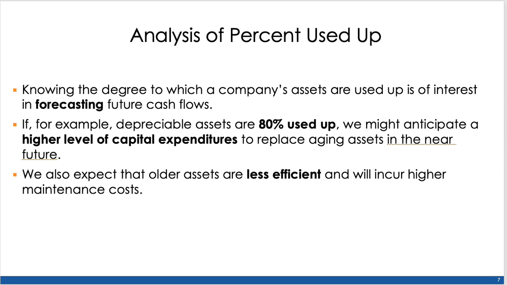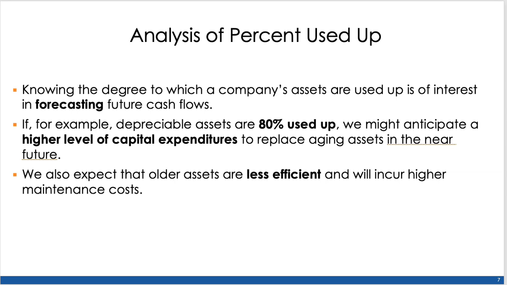What does that mean? It means we're going to be looking at CapEx upgrades or replacements in the very near future, because knowing the degree to which a company's assets are used up helps you forecast future cash flows for CapEx.